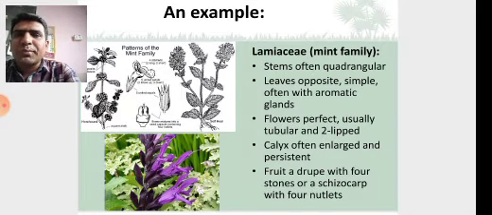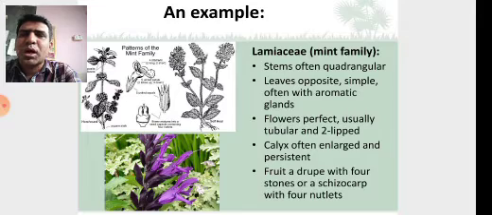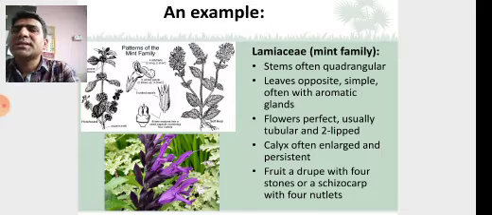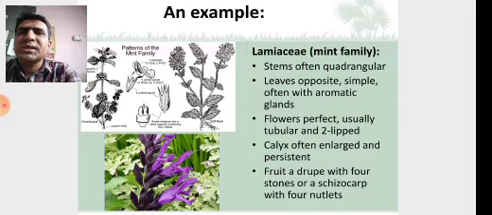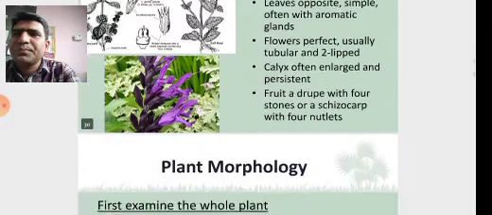Fruit is a schizocarpic fruit with 4 nutlets in the case of the Lamiaceae family. See the example in the image, the mint family showing the characteristics: 4 stamens, united sepals, mature flower, habit, and morphological structure. These are the morphological characters of the Lamiaceae family.